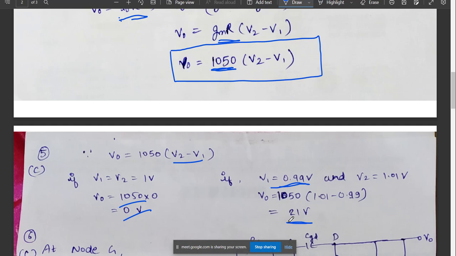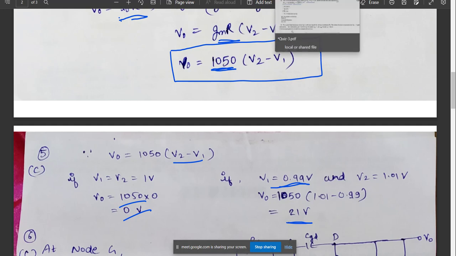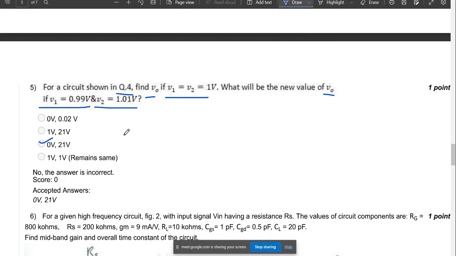So what does this show? If V1 and V2 are equal, you don't see any output. But with only a 0.02 difference, since the gain is very high, you get around 21 volts.